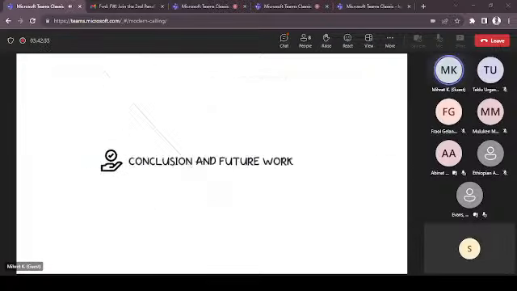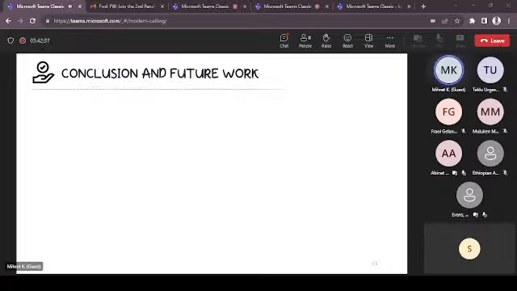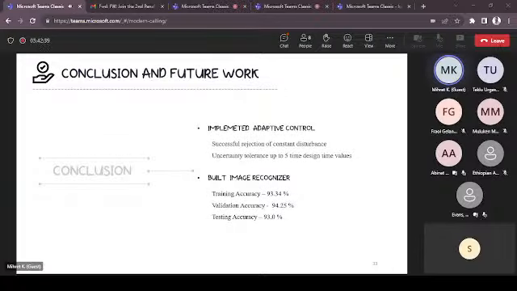To put in a concluding remark, an adaptive controller has been designed and tests have been performed where successful rejection of uncertain conditions, including disturbance and parameter uncertainties, has been observed. Additionally, an image recognition model has been developed and these accuracy levels have been gained.